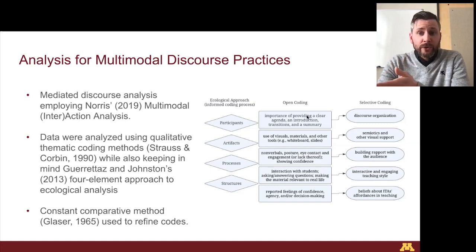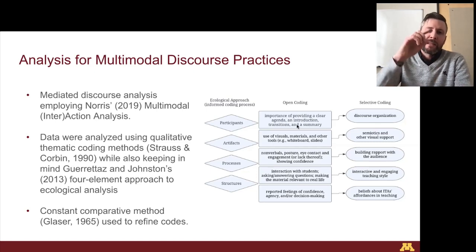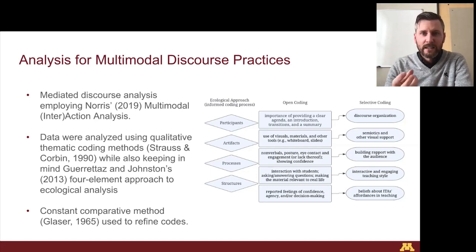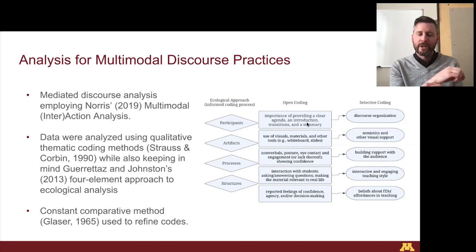So open or initial coding of the data revealed such things as the importance of providing clear agendas, introductions, transition summaries. And what I did as I was going through, I used the constant comparative method to compare each incident from these categories to previous ones that had been coded in a similar way, to expand or collapse or further refine or add on to these categories, which resulted in my selective coding themes.